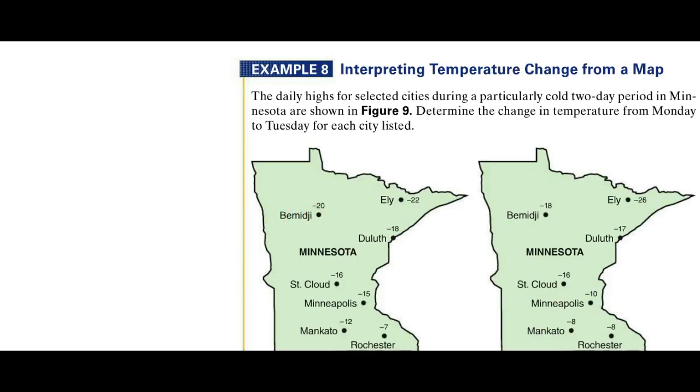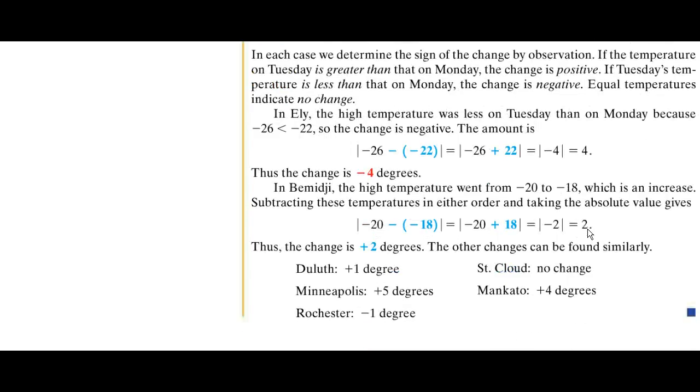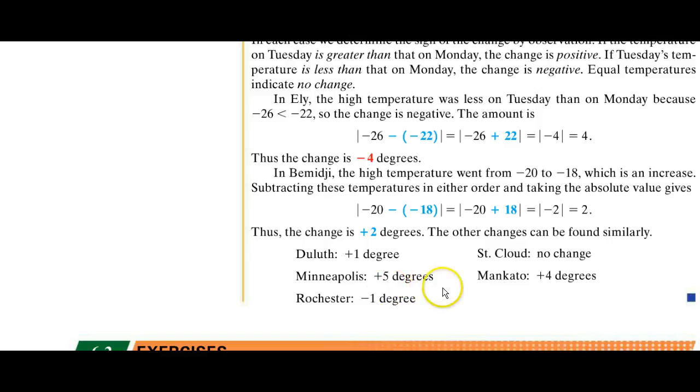Anyway, now it went from a negative 20, it actually went up 2 degrees. And that's basically what they want you to do, and they're showing you how to do it. Increases in temperature are plus, less temperature would be negative.